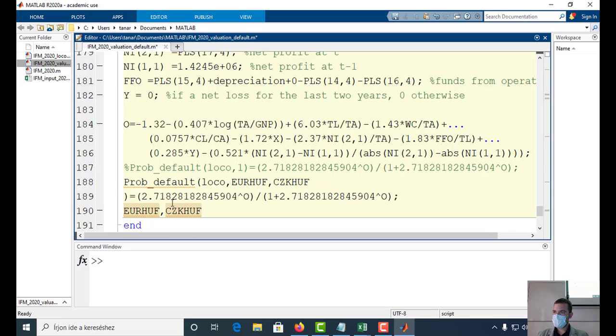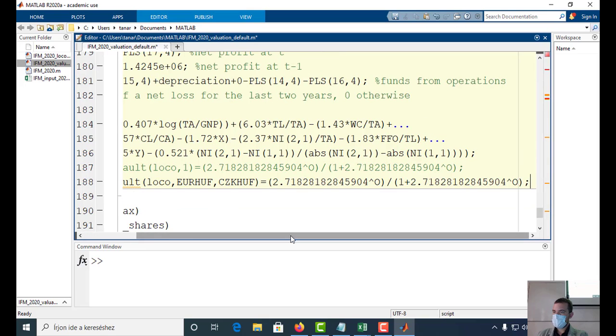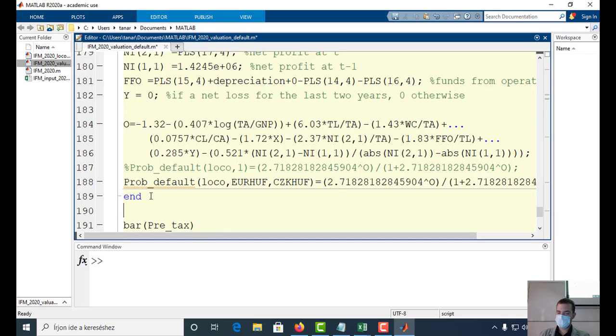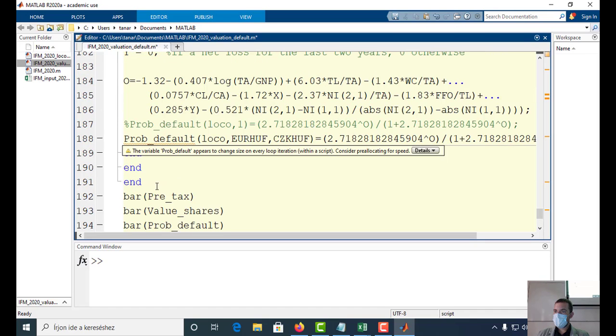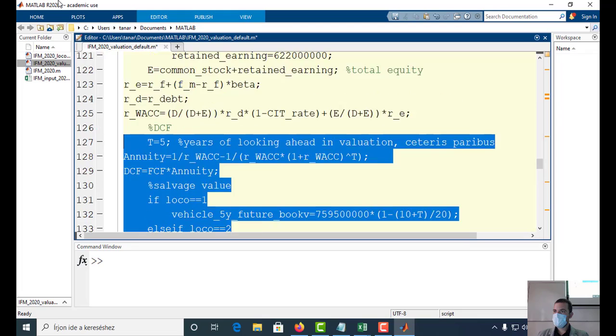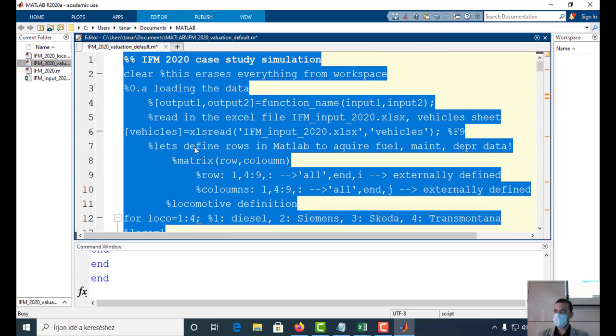And we started two for cycles, so we need two ends here, and then let's see how it will work.